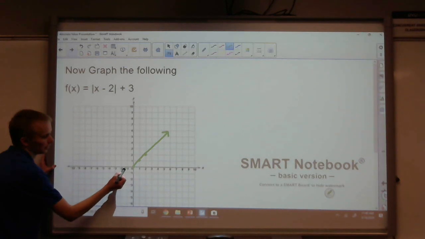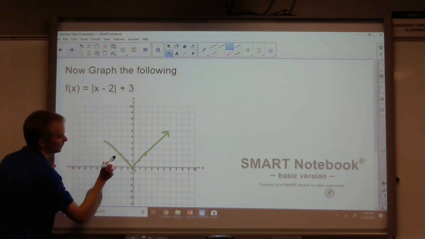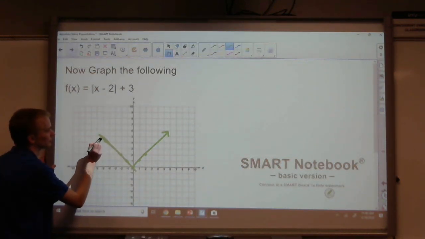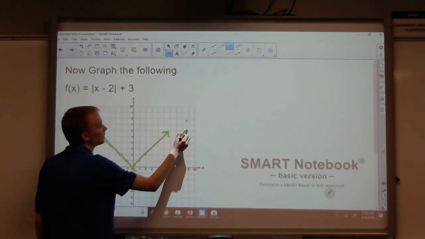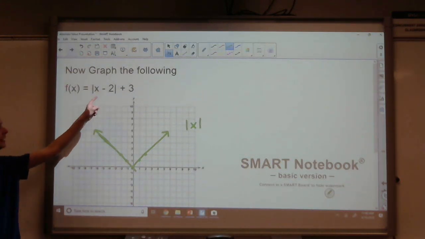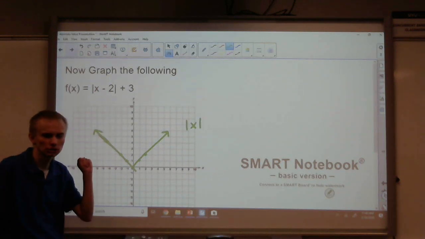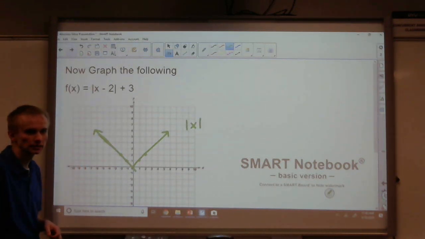And then left 1, up 1, left 1, up 1, it's a V. Like this, okay? So this is the regular absolute value of x, right?